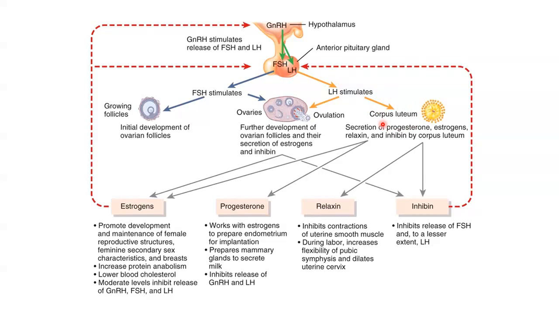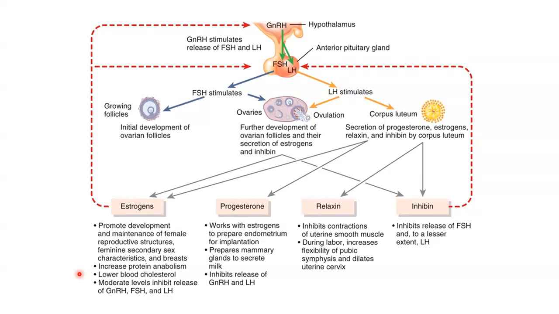They help develop and maintain the female reproductive structures, as well as the secondary sexual characteristics and the breasts. Remembering the secondary sexual characteristics are those that make a person look like a particular sex, but don't play a role in reproduction. So in females, this includes the distribution of adipose tissue, so to the breasts, the abdomen, the mons pubis, and the hips.